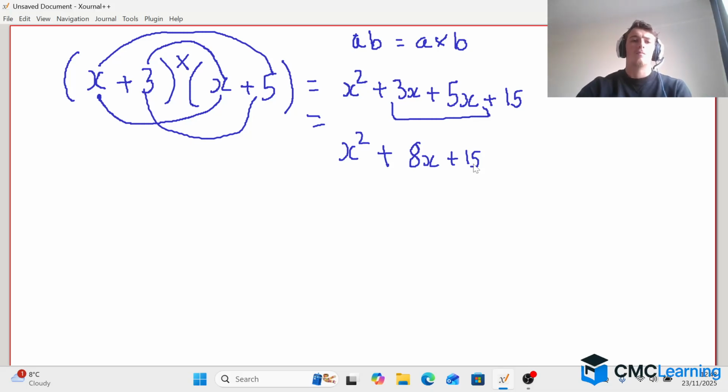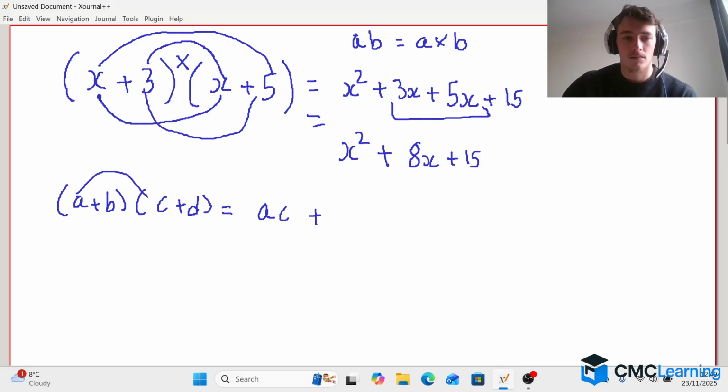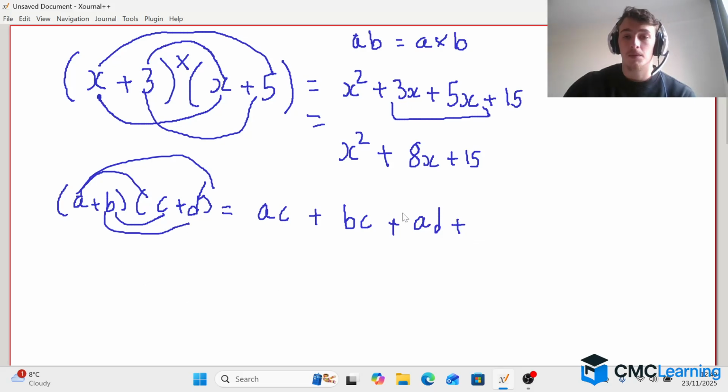But why do we do it this way? Let me show you. More generally, what we know is that if we have a bracket a plus b, and we multiply it by c plus d, this equals ac, a times c, plus bc, b times c, plus ad, a times d, plus bd.